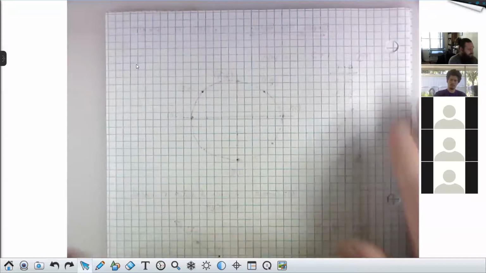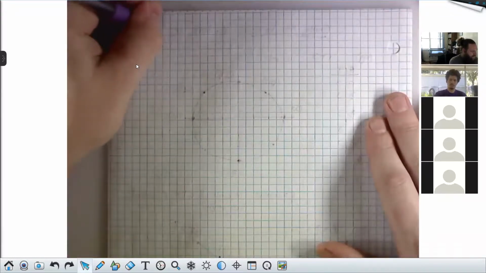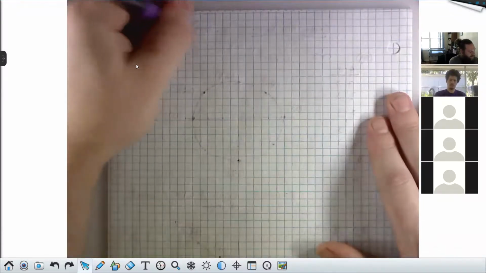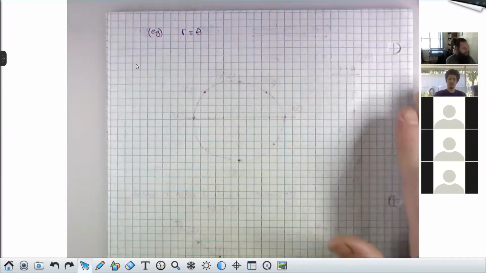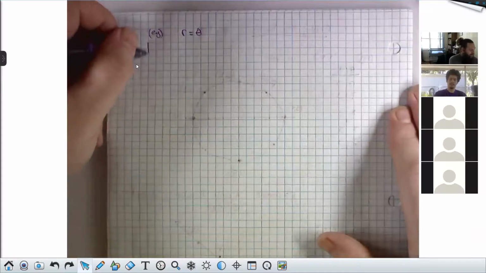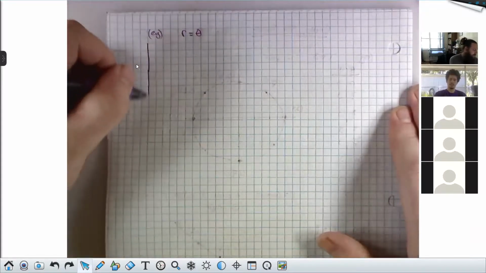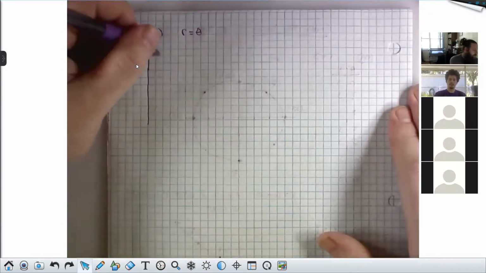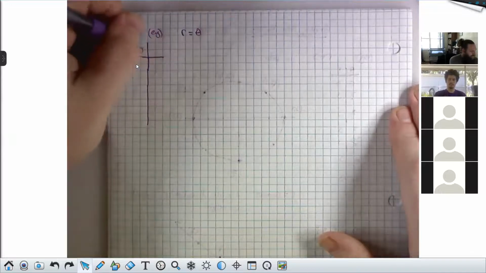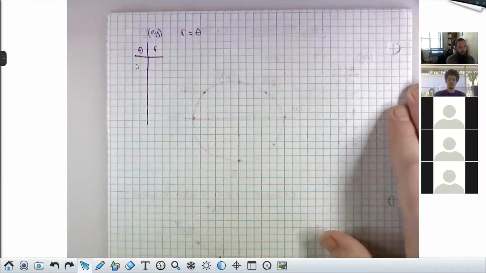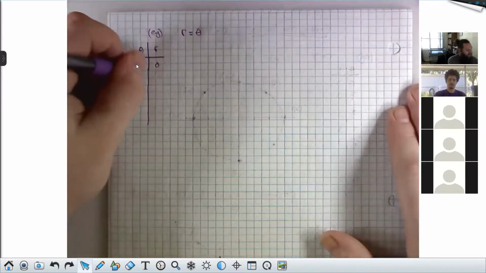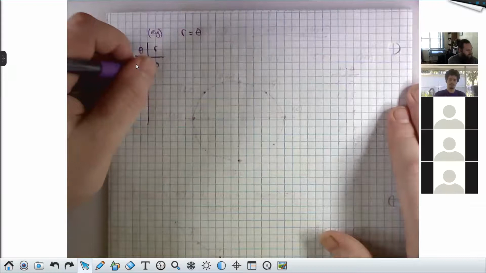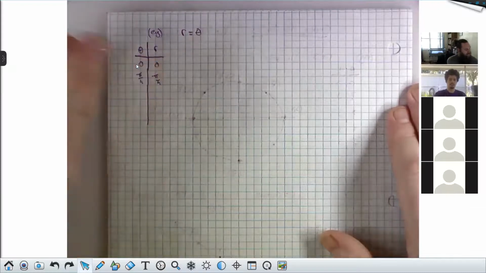What about a linear function? What about just like r equals theta? What if I want to sketch this? Again, like we're back in algebra or trig, we make a little table. Theta and r. If theta is 0, r is 0. If theta is pi/4, r is pi/4.